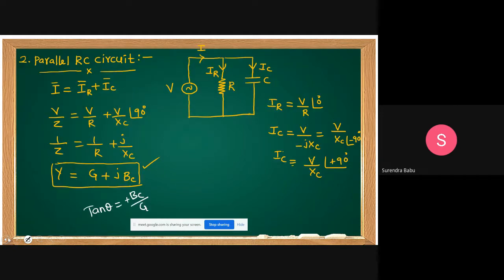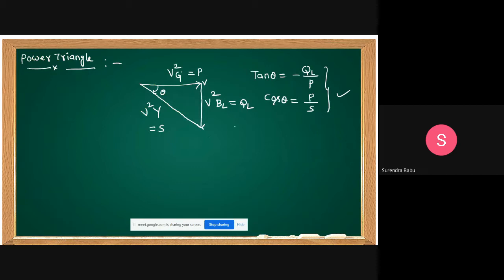I already gave the power triangle for parallel RL circuit. Here we can also write one formula, S equal to square root of P square plus QL square. Sir, the S is apparent power, or it is a complex power. P is active power.